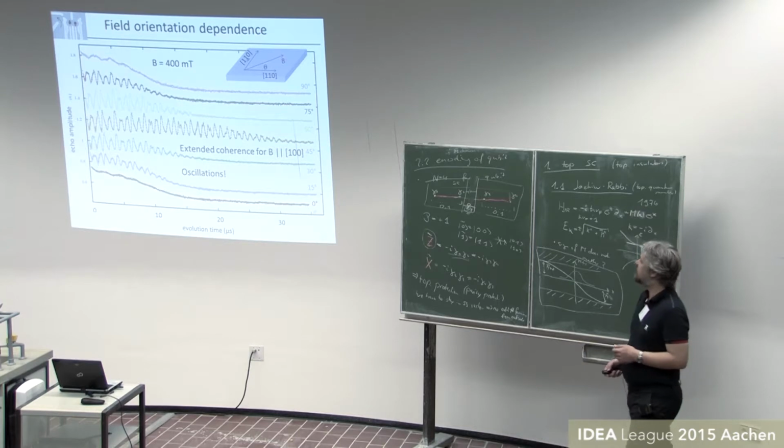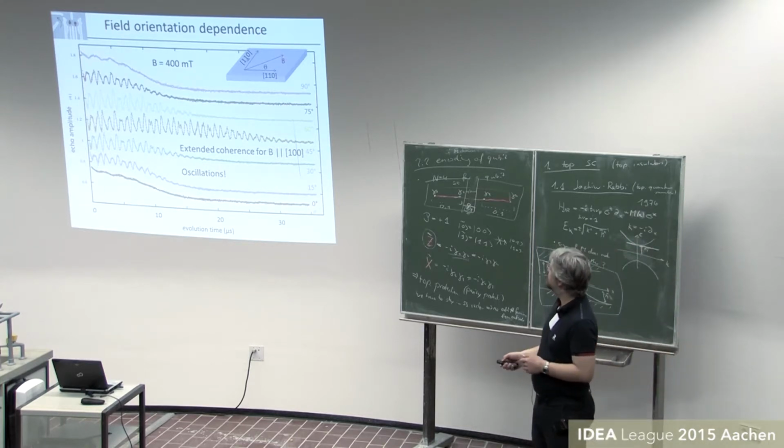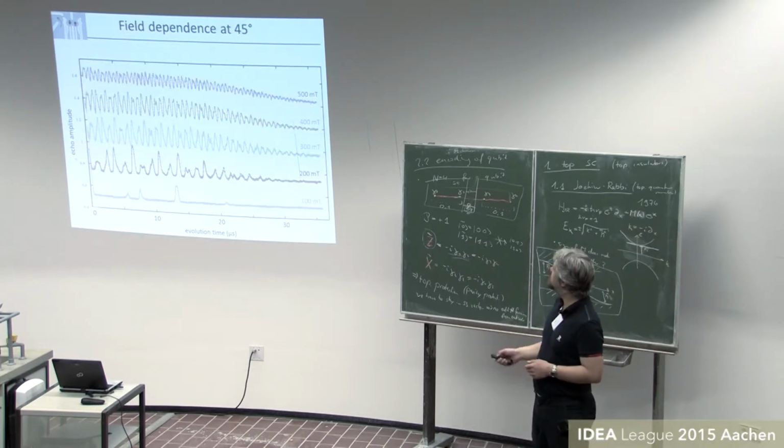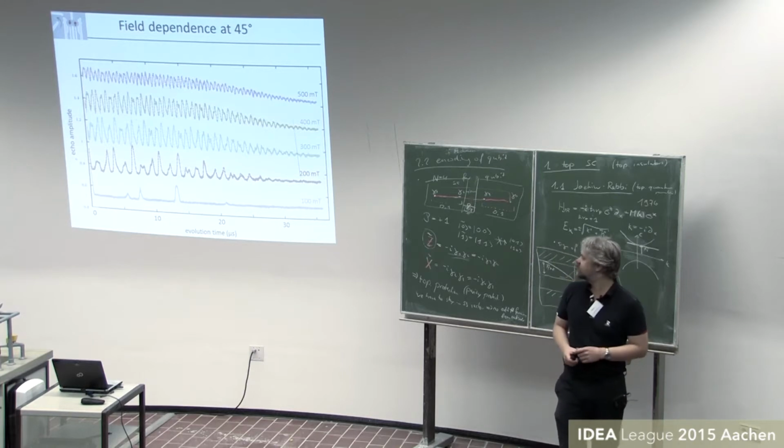So what could that be? We can again go to 45 degrees and look at the field dependence. You see some irregular pattern, and again, as you increase the field, the oscillations become faster and less visible.